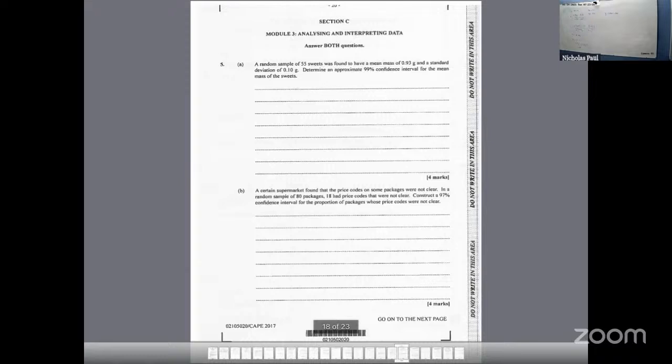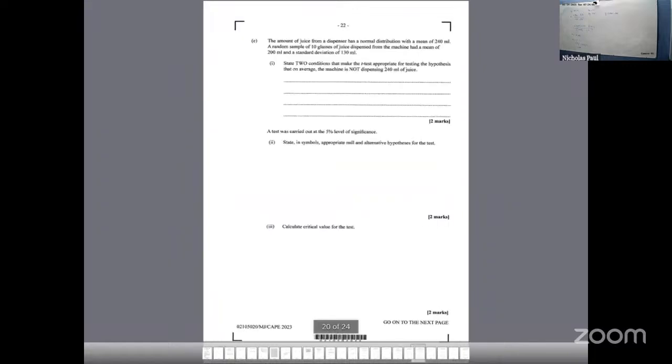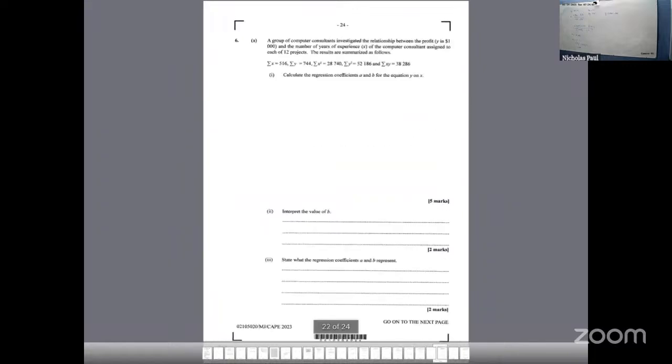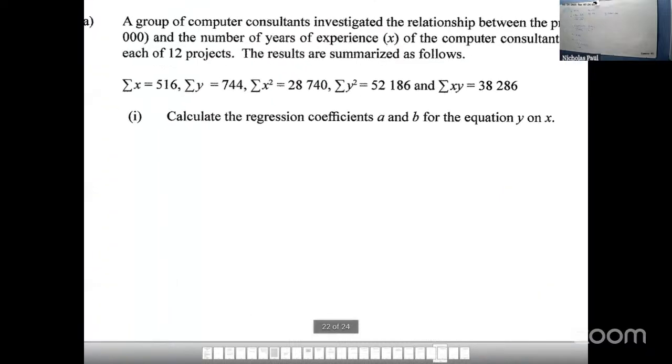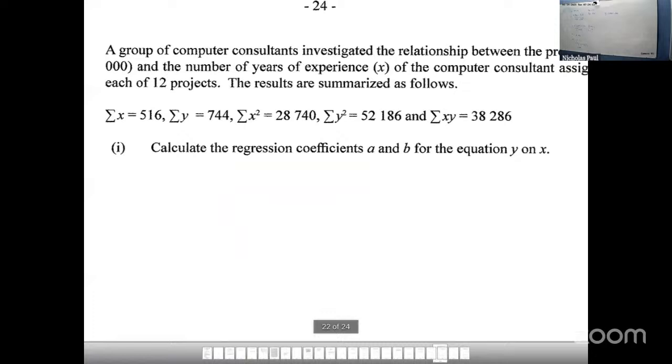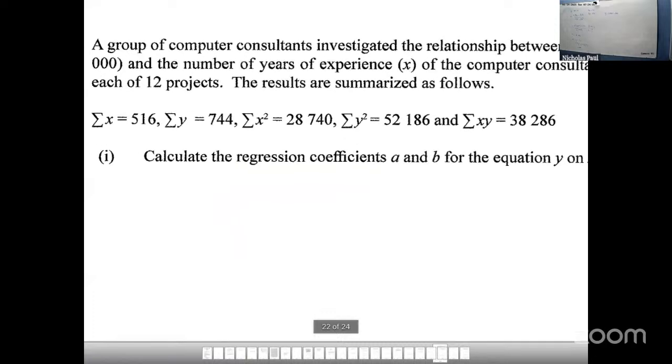In 2023, they gave us a lot of work, right? Where you do the regression and the correlation. So I'll just post the values up and do the whole question. Darian, it would be nice if you could do this one, all right? I want you to find A, B, and R. Although you're not seeing it there, I'm just zooming in here so you just have the important things.